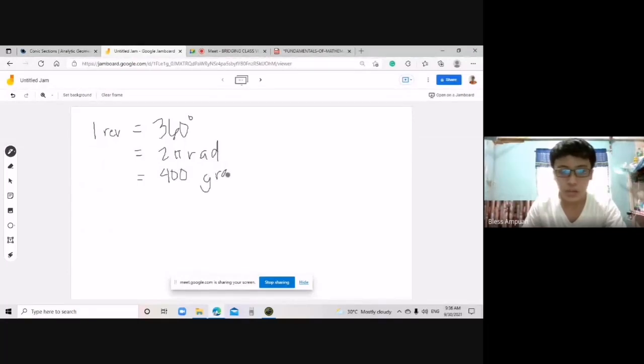And then also, it is equal to 6,283 mils. But widely, in terms of engineering or this kind of application, if not used, you can use 6,400 mils.